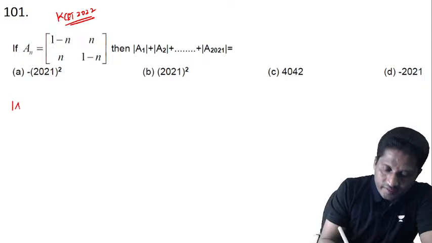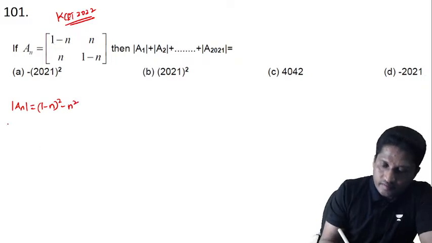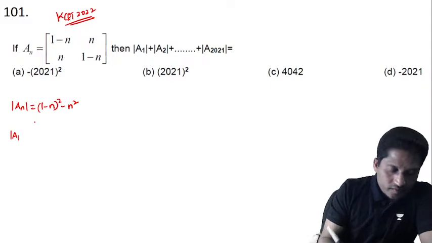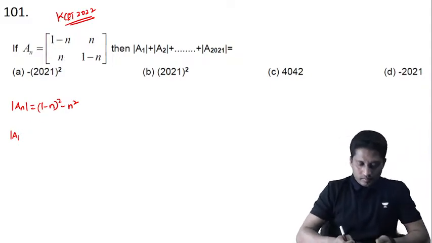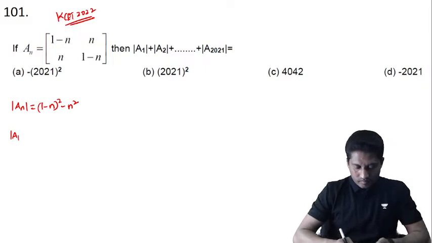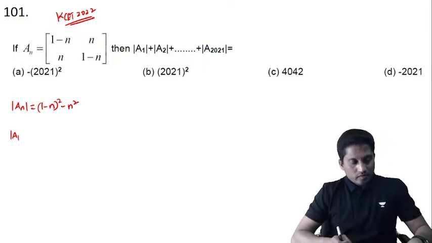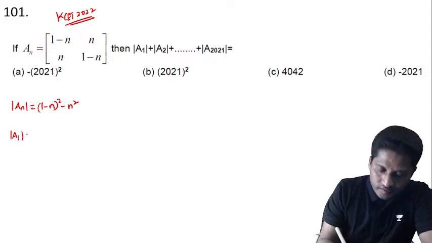Right, determinant of An is equal to 1 minus n the whole square minus n square. Now determinant of A1 is equal to 1 minus 1 the whole square, 0 minus 1 square, this is minus 1.